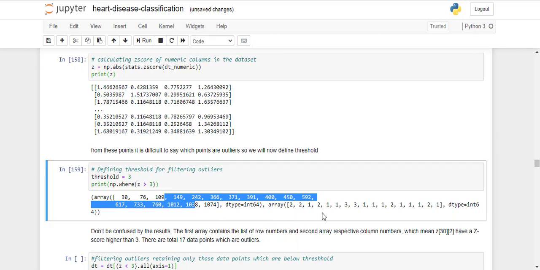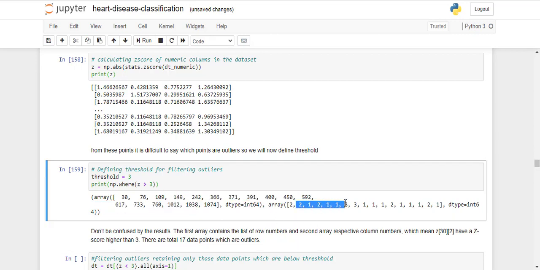Okay, so for example, your first outlier lies like this: in this array you can identify the row number and then the column. Okay, so we have a total of 1, 2, 3, 4, 5, 6, 7, 8, 9, 10, 11, 12, 13, 14, 15, 16, 17 instances which are outliers.